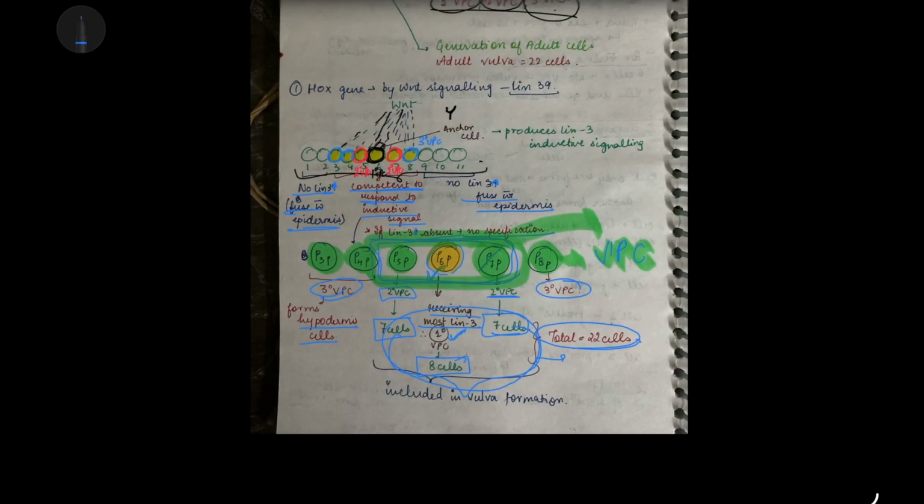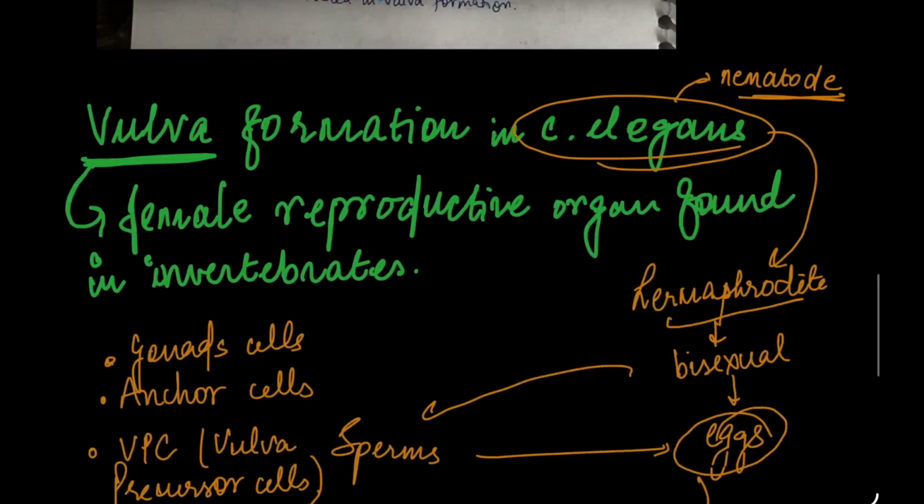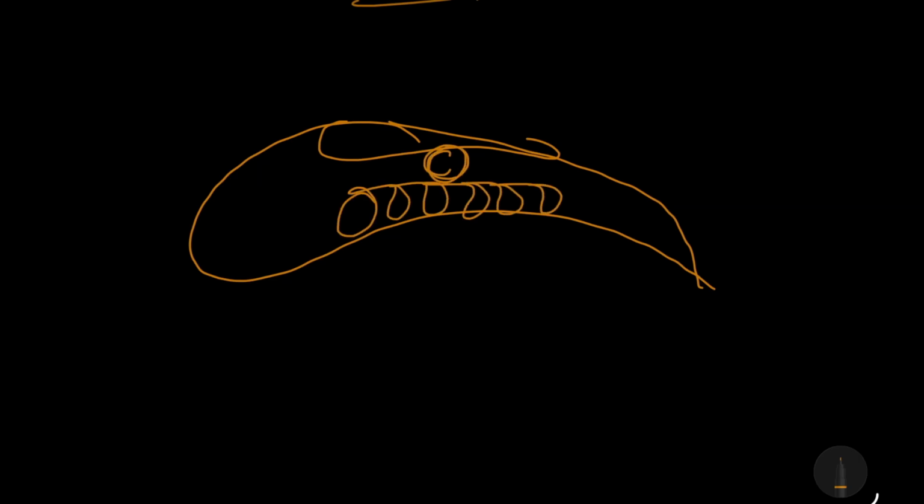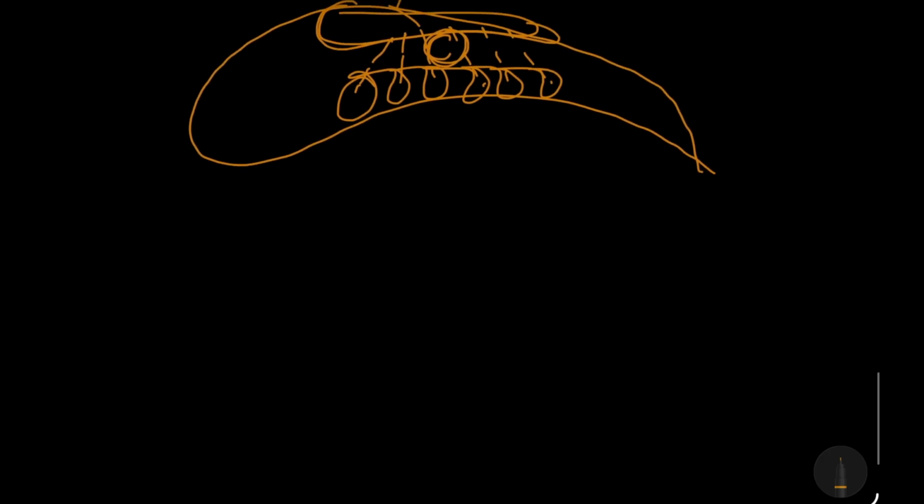Only thing you need to learn is that this is a nematode. It has gonadal cells, the VPCs, which are connected to each other by anchor cells. These anchor cells help in the signaling, which is conducted by the gonadal cells, also known as the notch signaling, right?